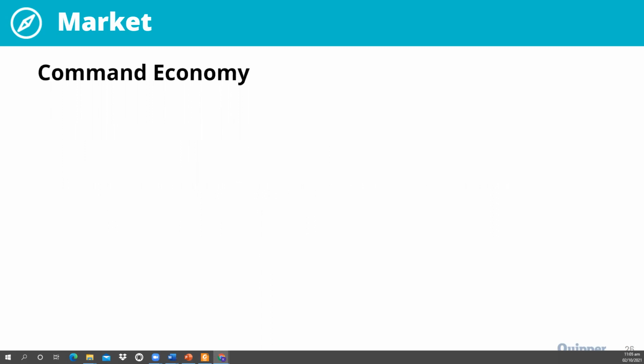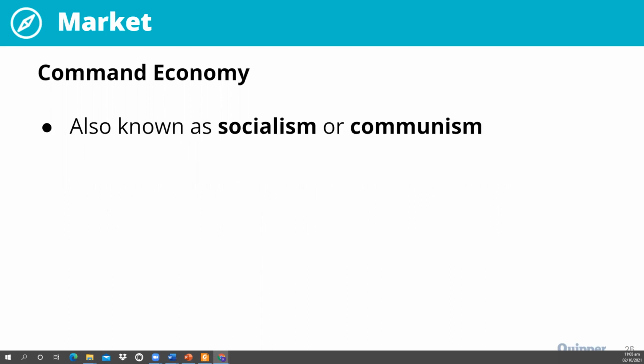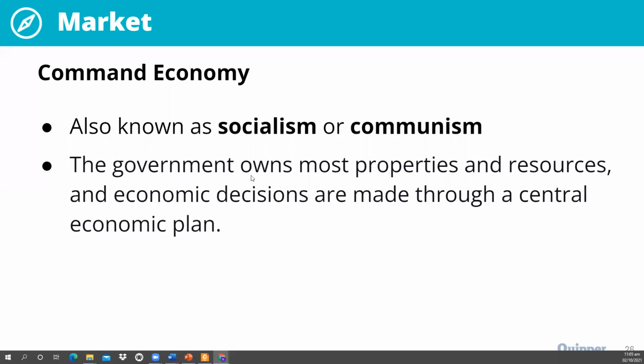Okay, while command economy, known as socialism or communism. So the best example here is North Korea. Am I right? No, communism, the best example talaga dito is yung North Korea. So the government owns most properties and resources, and economic decisions are made through the Central Economic Plan.